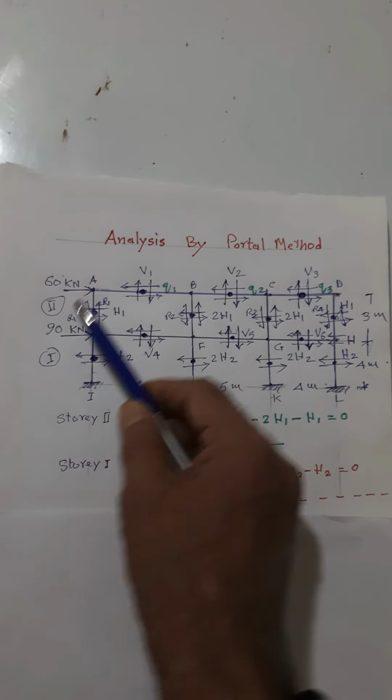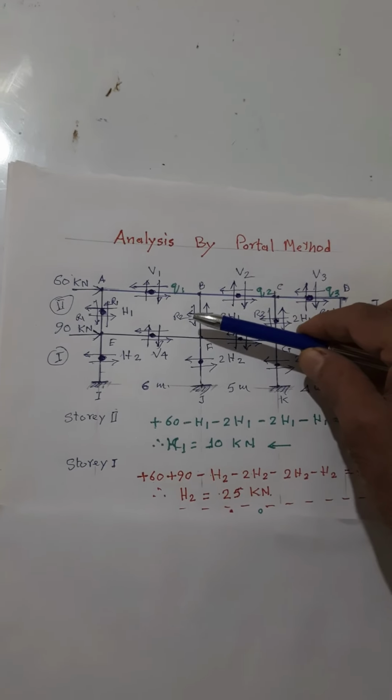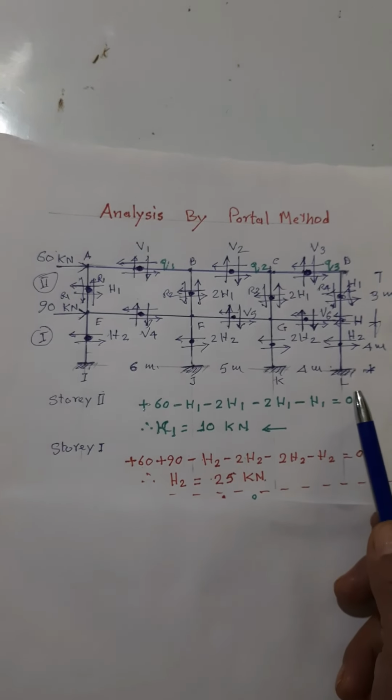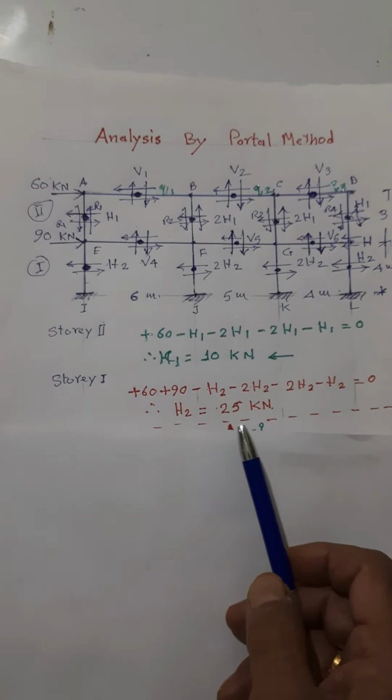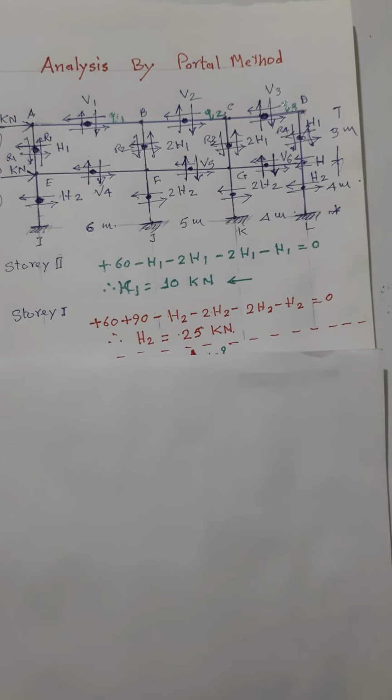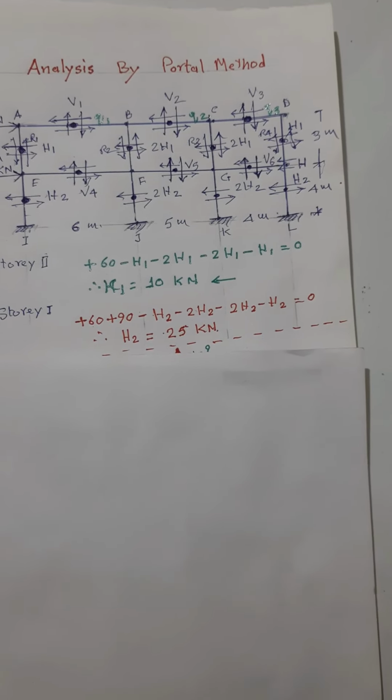If this is H acting in this direction, this will be 2H, this will be 2H, this will be H. From this we can straightaway calculate the value of H, then 2H can be very easily calculated. It comes out to be 25 kilonewton.